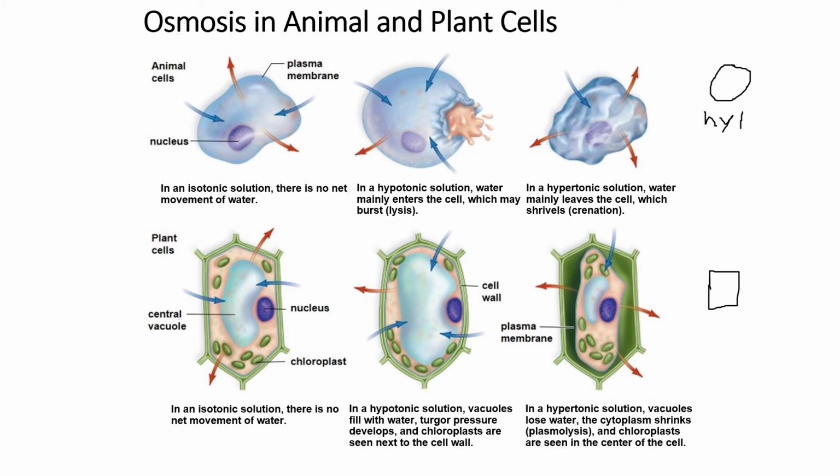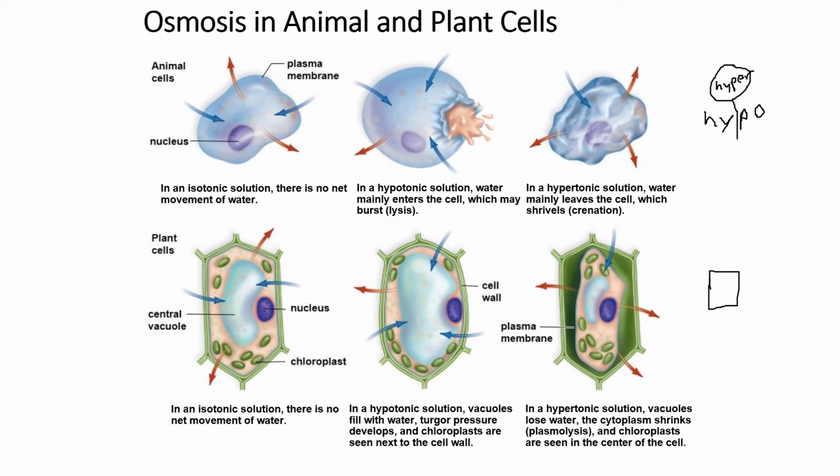So we'll say we put an animal cell in a hypotonic solution. That means since the outside's hypotonic, the inside is hyper. If you wanted to shorten this, you just put ER and O.